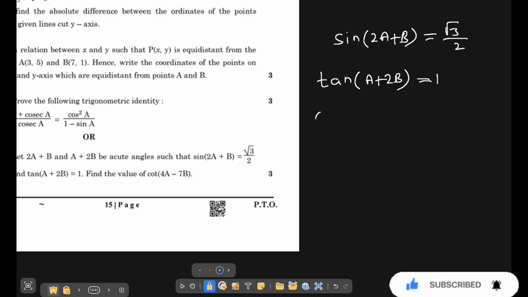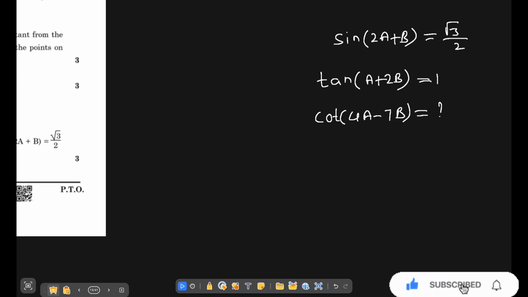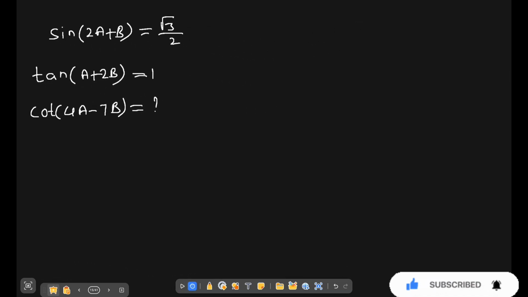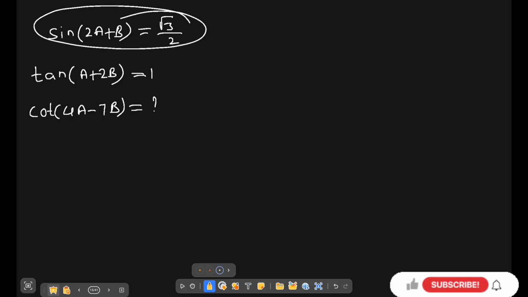What do we have to find? We have to find cot(4A - 7B) is equal to how much? So let's find it. Let's take this first one. What is the first one?